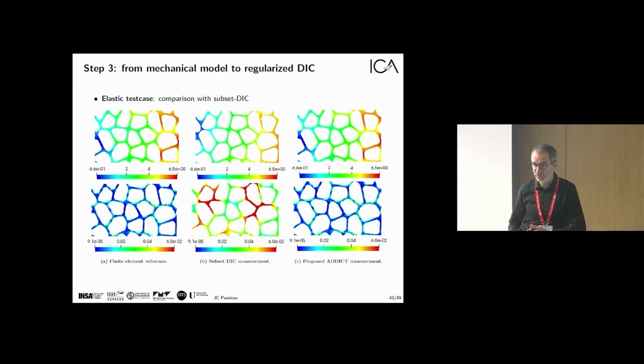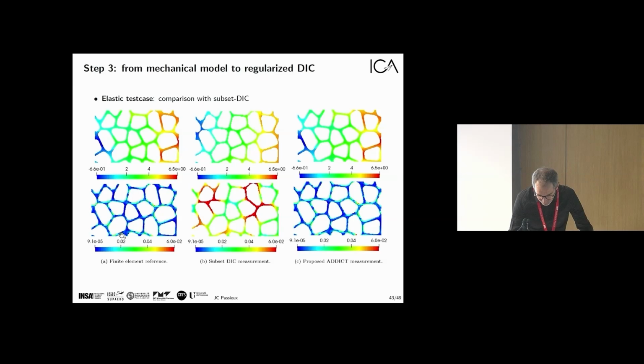is architecture-driven DIC. It's a DIC method with mechanical regularization, with a mechanical model that is based on the images. So if you just look at the displacement, more or less, it seems okay. But when you look at the strains, you know that all the struts are bending, so you expect to have a compression to tension in the thickness of each bin.